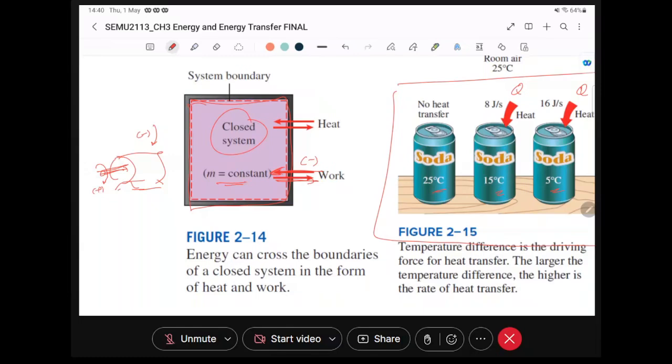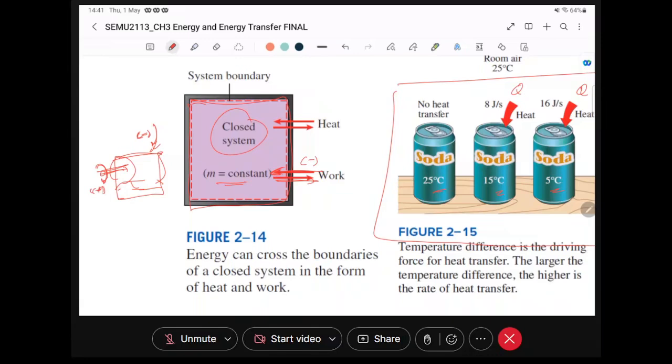Okay, so the electric motor itself is a boundary. What it consumes in terms of work, we put it as negative. It's just a sign convention, really. When the motor is rotating, driving something, then it's doing positive work.